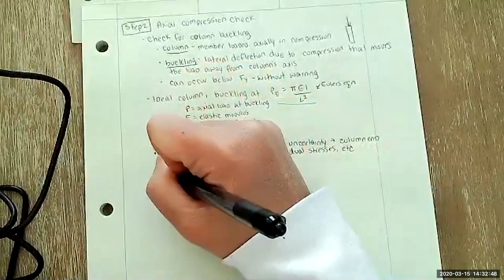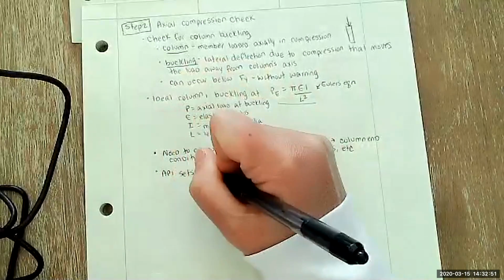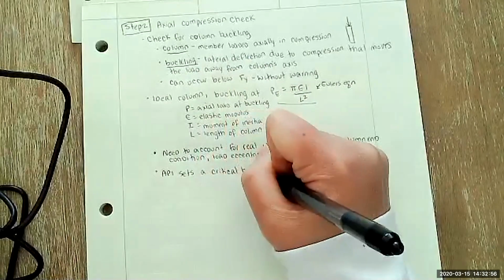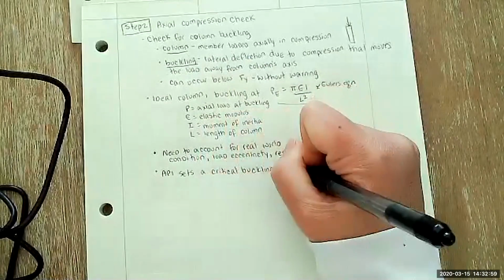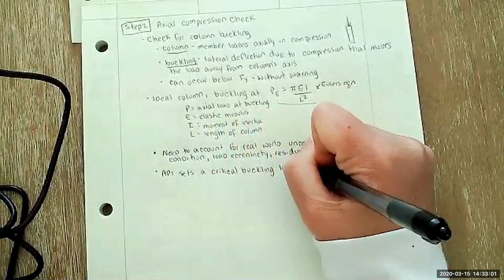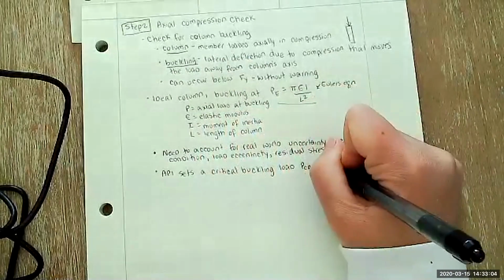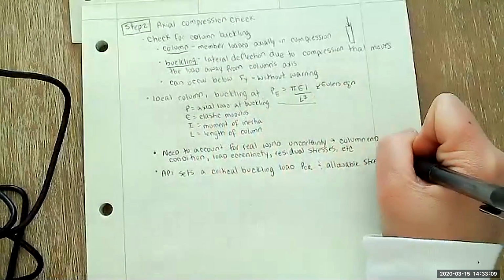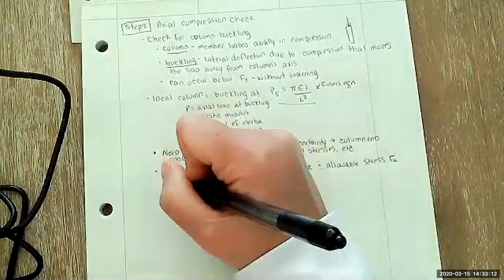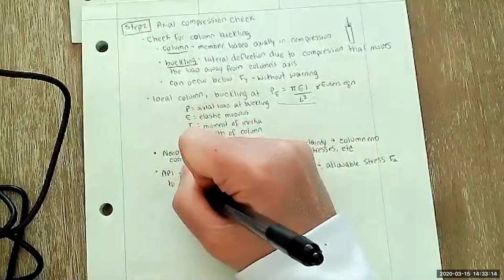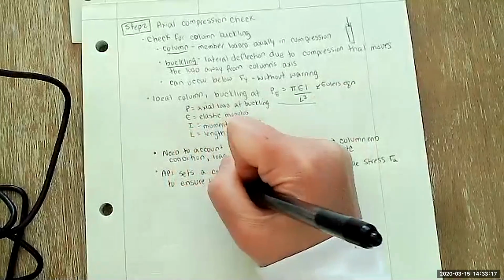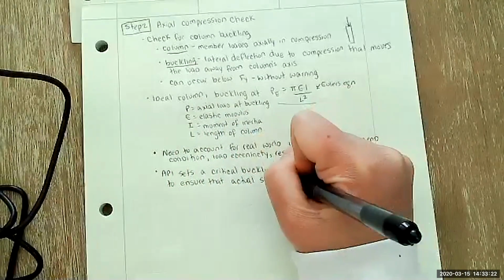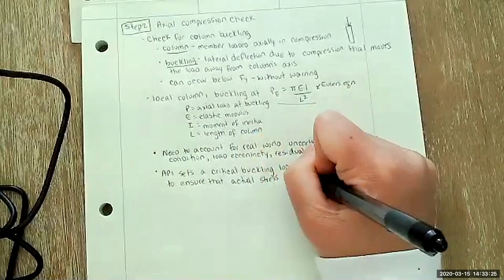So API sets a critical buckling load, PCR, and allowable stress, capital F sub A, to ensure that actual stress, or lowercase f sub A, is safe.